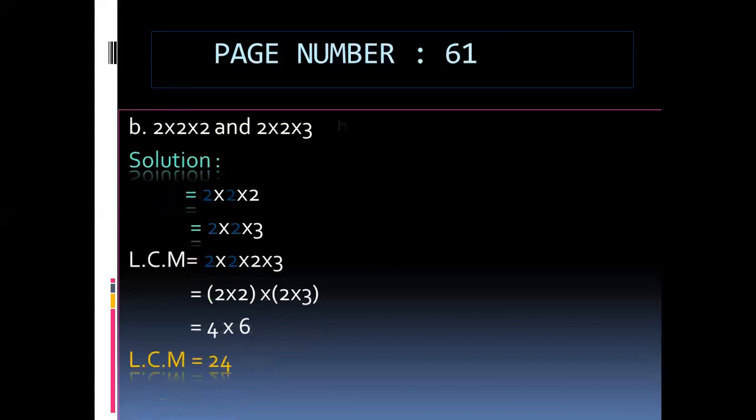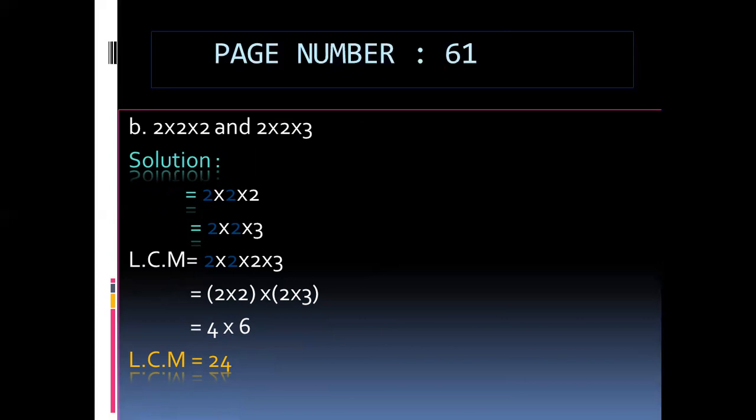Part B, 2 multiplied by 2 multiplied by 2. All these prime factors are already given in the question. Only we calculate the LCM over there. 2 multiplied by 2 multiplied by 2, and then 2 multiplied by 2 multiplied by 3. In these two given prime factors, two 2's are common.